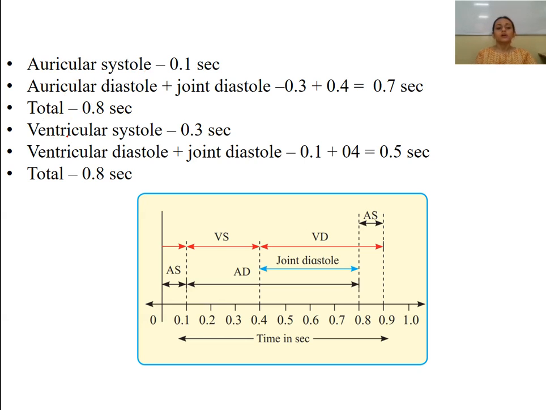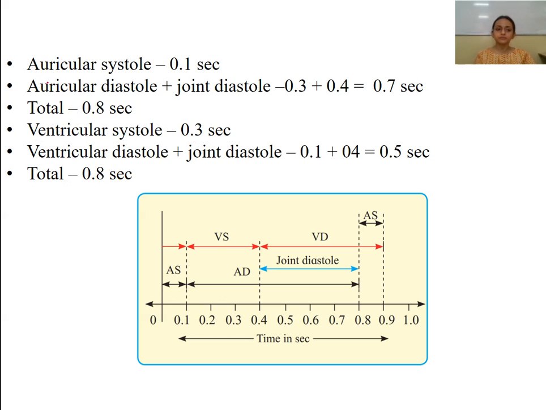Now ventricular systole continues for 0.3 seconds, and ventricular diastole and the joint diastole together make 0.5 seconds. And when you sum up the ventricular systole and diastole, this again takes 0.8 seconds.